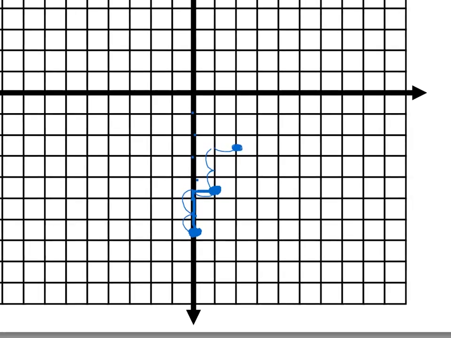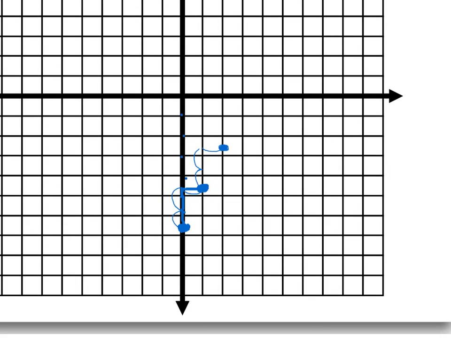That's not our point. Rise 1, 2. That's still not my point. And run 1. And I can use my straight edge and draw a line.